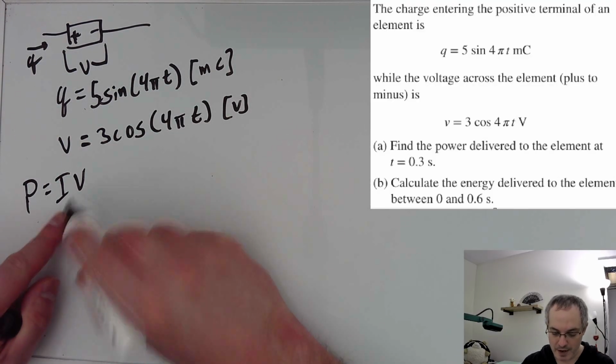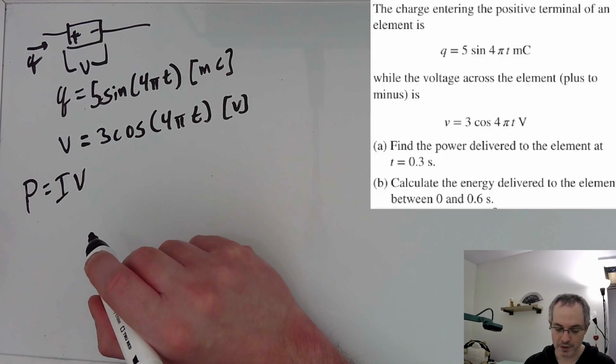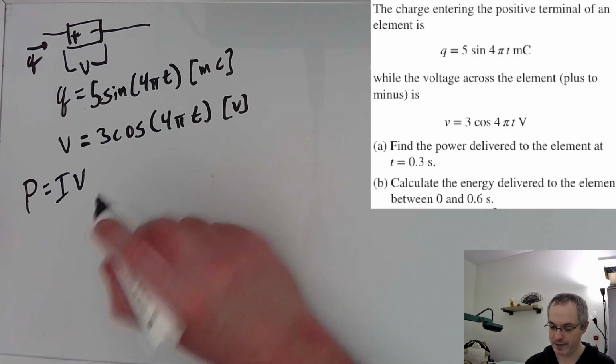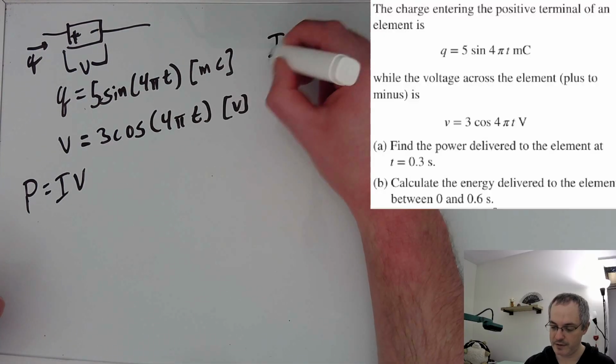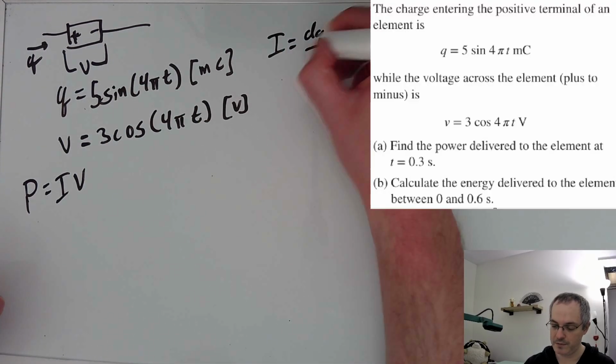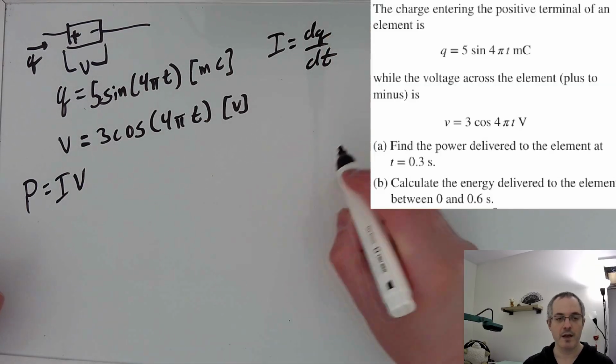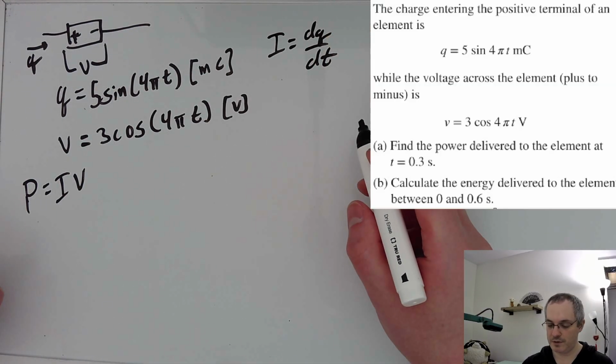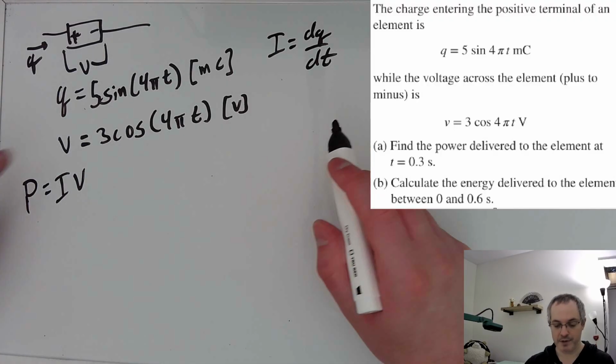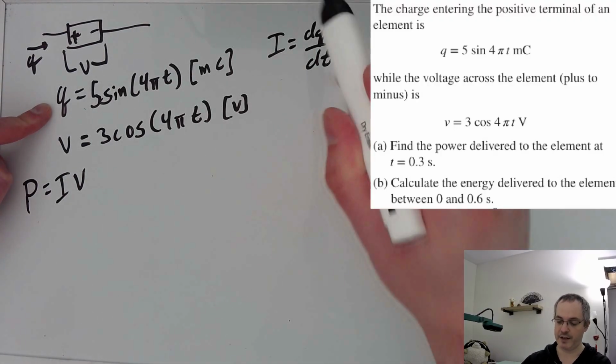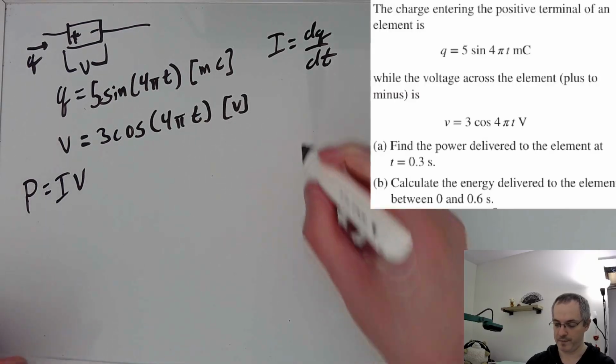Anyway, P equals IV. So we don't have I, but we have V, so we need to find I. So we know that I is equal to dq by dt. So that means we'll not integrate, because we have q and we need I, therefore we'll do the derivative of that.